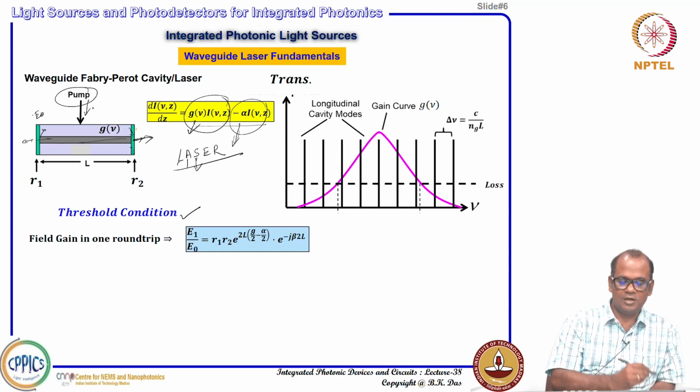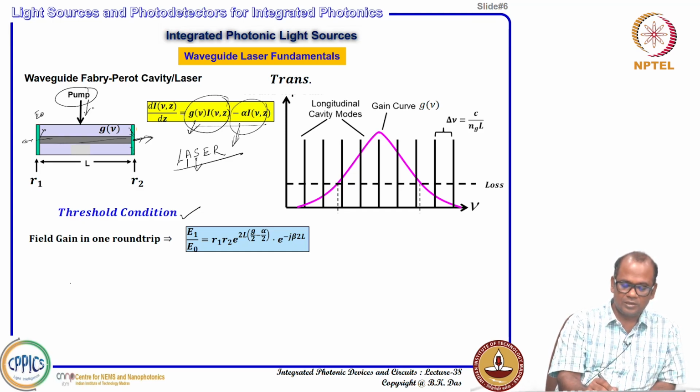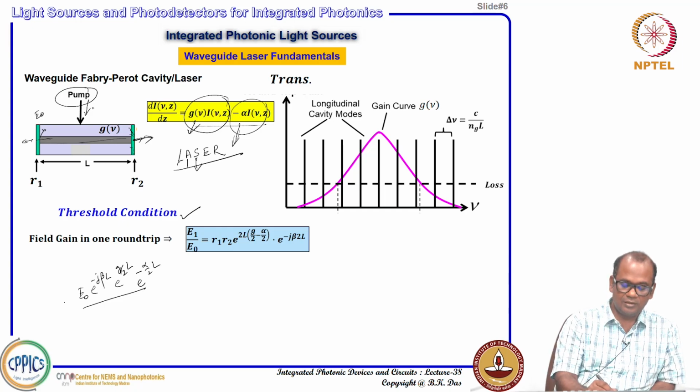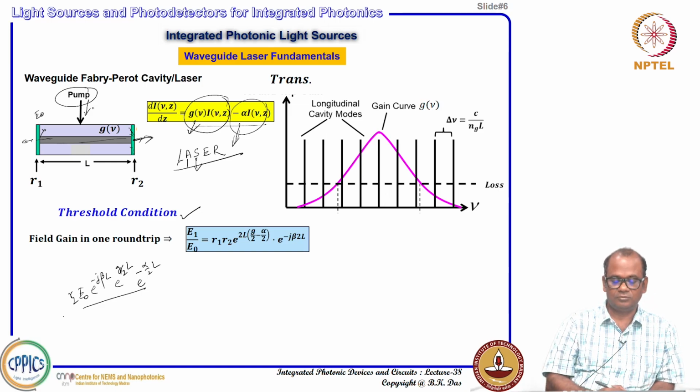Now, after one pass, when it travels a length L, this field will evolve with a phase, with a field gain of G by 2 times L, and with a loss of minus alpha by 2 L. So after one pass it looks like this, and then after reaching here it sees a reflection coefficient R 2. Then what happens?